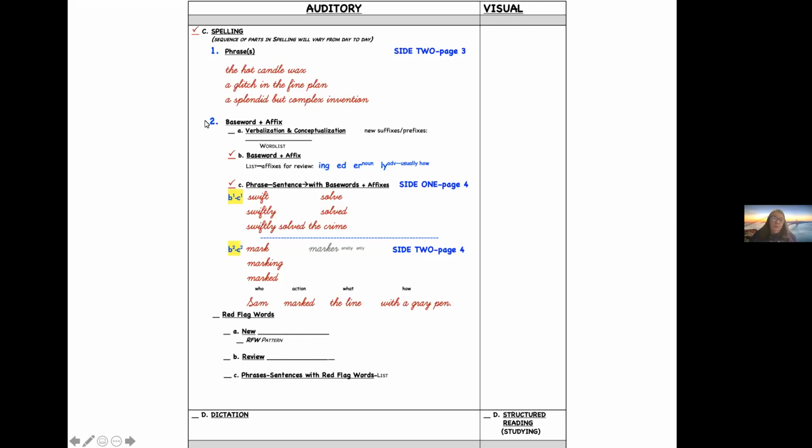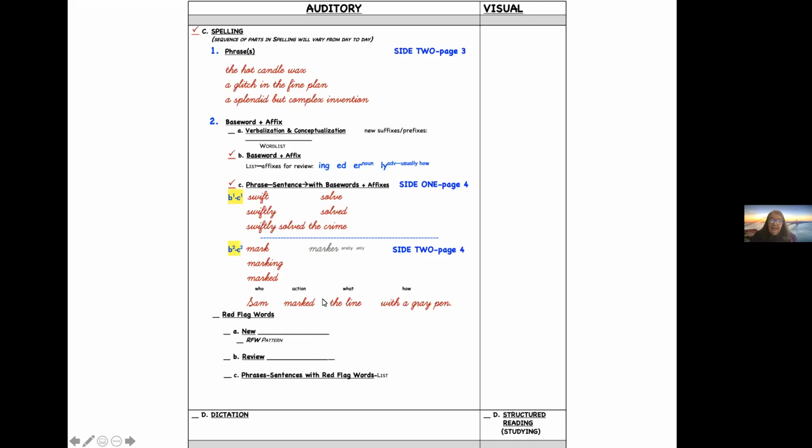But everything that's under base word plus affix, which includes introduction of a new affix, using just the base word plus the prefix or suffix, not in a phrase or sentence, and then putting it into a phrase, all of that's still under that category. And that would need to be in a specific sequence because you're working from the smaller unit to the larger unit. Does that make sense?